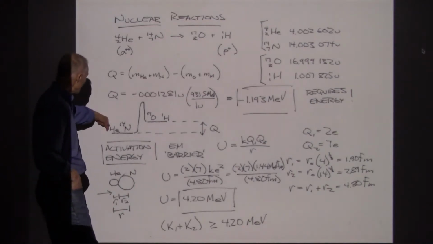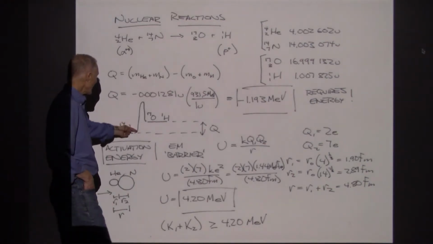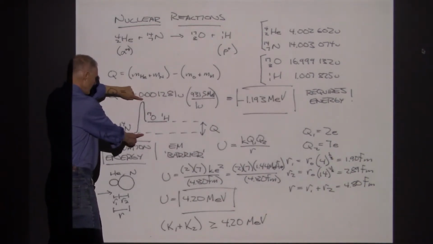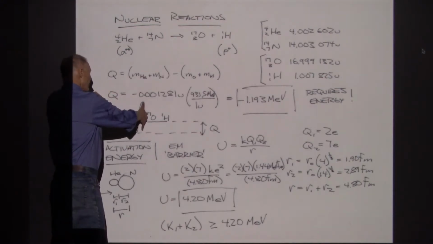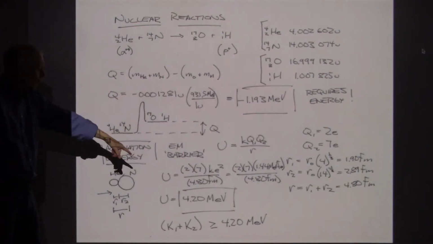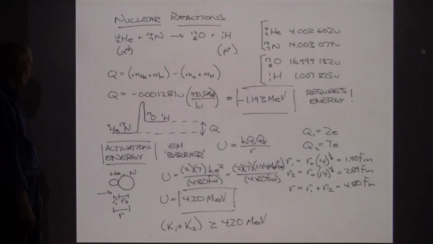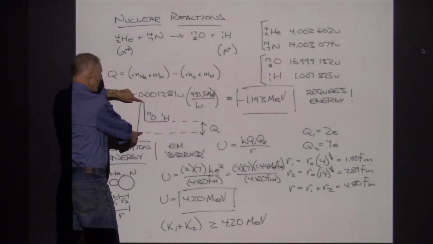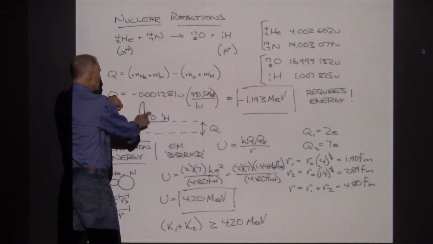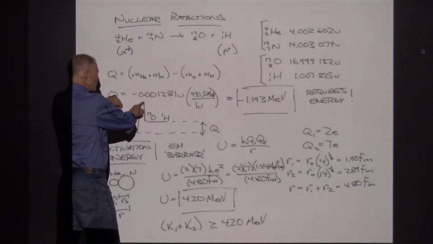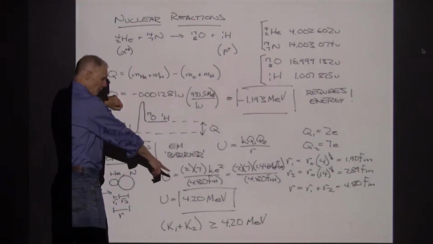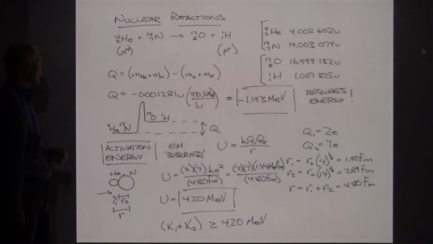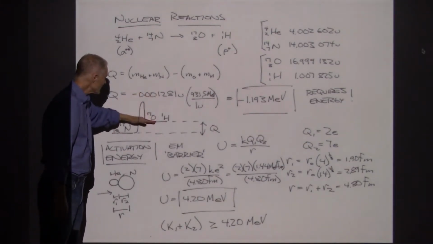So that means my diagram looks like this. I've got to go up and over. That is my activation energy here. This thing is 4.2 MeV in height, and that I'm going to write as U, this height, and then this is Q. Once we get the two to just touch, and that requires this much kinetic energy, then the nuclear reaction can occur, and there can be a release of energy back down.